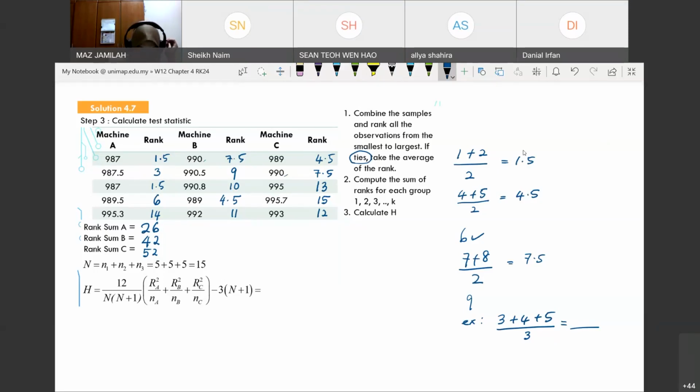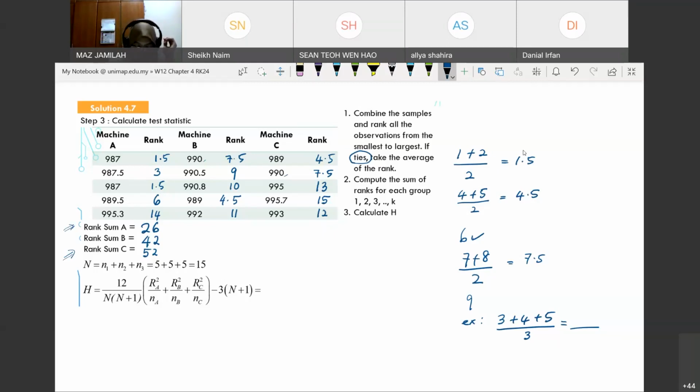The least amount of volume is given by machine A, and the maximum is given by machine C. That would be if we talk about the rank sum of each machine.